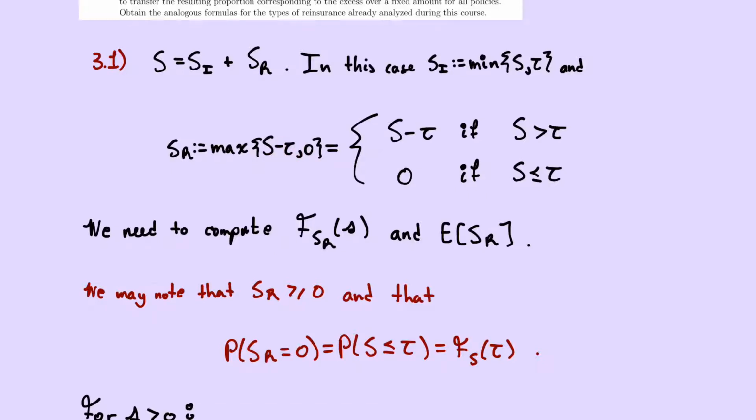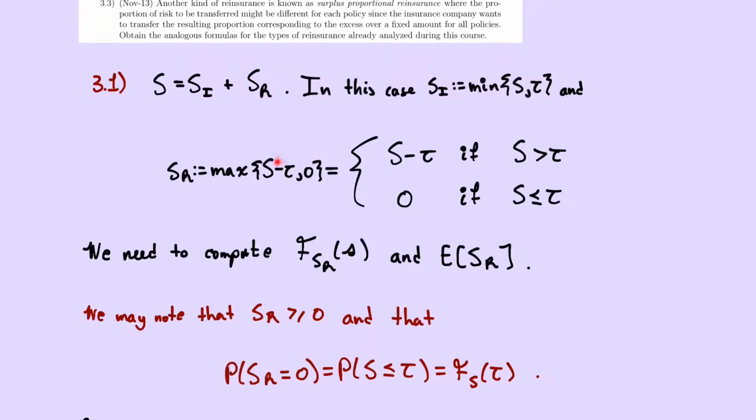Okay, so more explicitly, this new random variable is defined as the value that S minus tau gives, but only when this maximum is equal to S minus tau. So that happens when S minus tau is a positive number, and that happens when S is greater than tau. Okay, strictly greater than tau, or it could also be greater or equal.